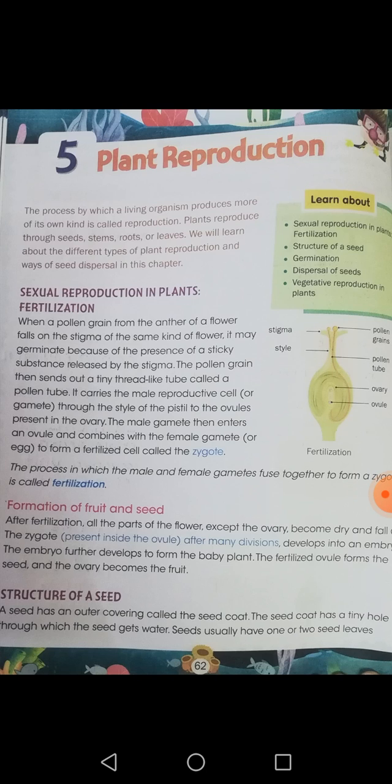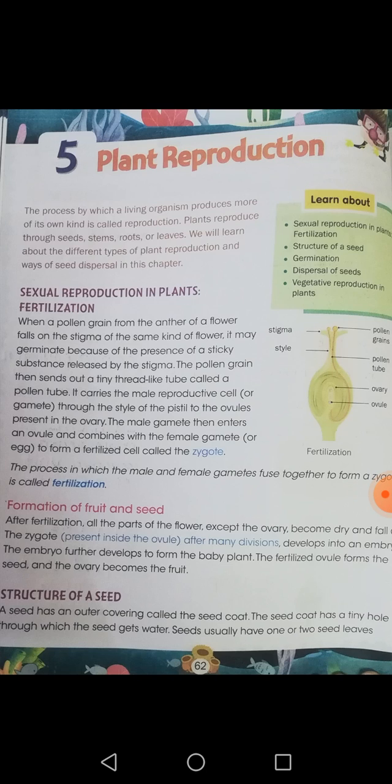The most important part of the seed is the seed covering, the outermost covering of the seed, that is called the seed coat. It is protective in nature. This seed coat protects the seed having the baby plant.